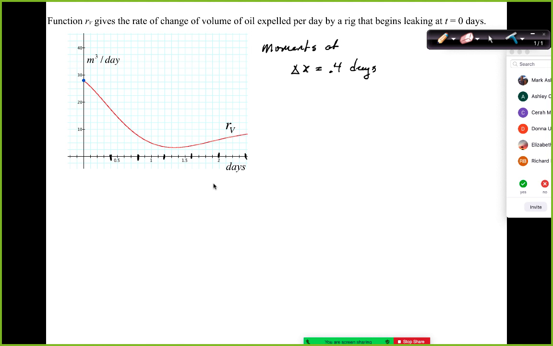Okay, so what we're going to do is look at the rate at each of these endpoints of these moments. So this is 0.4, 0.8, 1.2, 1.6, 2.0, 2.4.